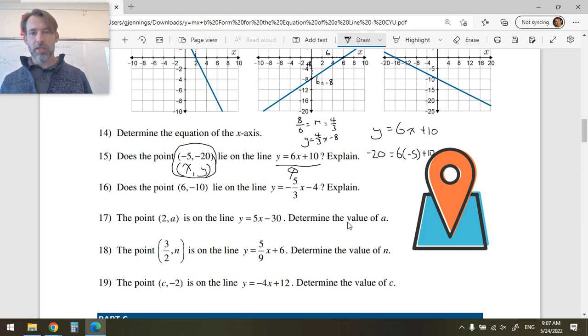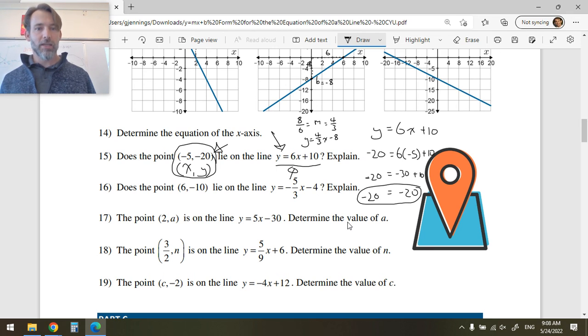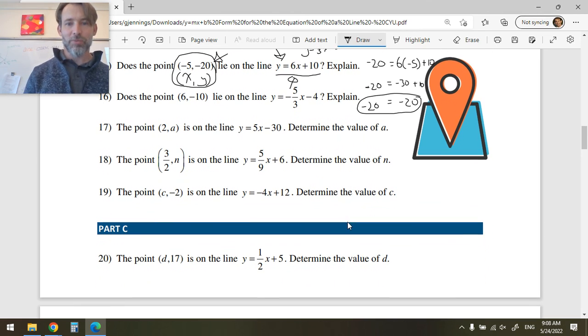Okay? 6 times negative 5, that's just BEDMAS. That's negative 30. I still have the plus 10 there. And then I check. Negative 20 does indeed equal negative 30 plus 10. So because I get negative 20 equals negative 20, I know that when I get something true here, this point does lie on that line. If I get something untrue, then it does not. Okay, so you can test those other ones.